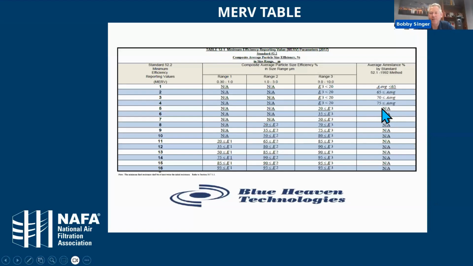So you can see there's a 75% requirement for MERV 4. So if we were to load 100 grams of dust, the filter stops 75 grams, 75%, MERV 4. That's how that works. So if you see something less than a MERV 5, you know that the MERV was established via the arrestance percentage of that filter.